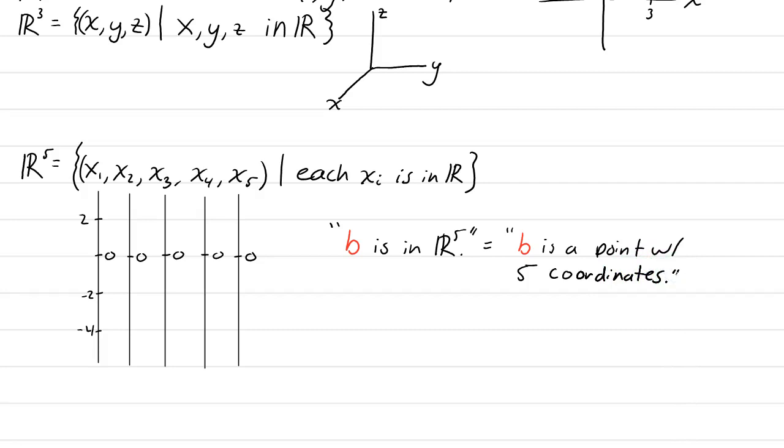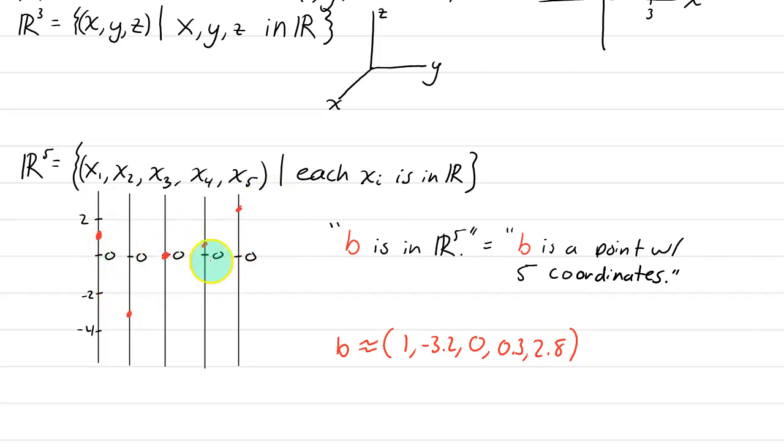So maybe you're actually given those 5 coordinates. If you wanted to graph b, it would have to look something like this. So maybe this is b. It looks like we got something like 1, negative 3.2, 0, 0.3, and 2.8, whatever those 5 numbers are. So that's a way you can represent a point.